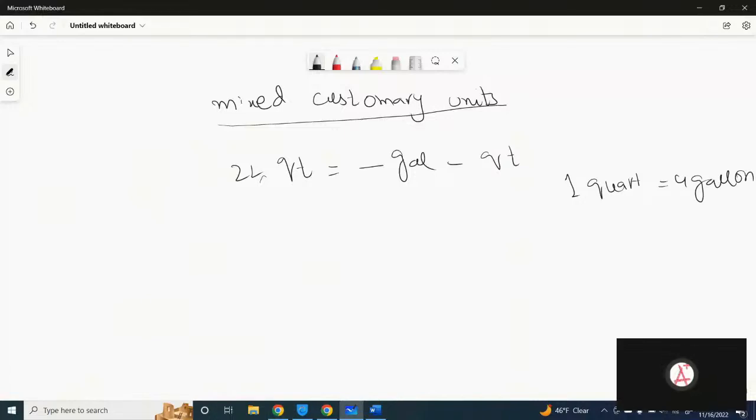So when you divide 22 by 4, you have 4 times 5 is 20, and here you have 2. That means you have 5 gallons and 2 quarts. Got it? Because 4 times 5 makes 20, so that means you can make 5 gallons and 2 quarts. Got it?